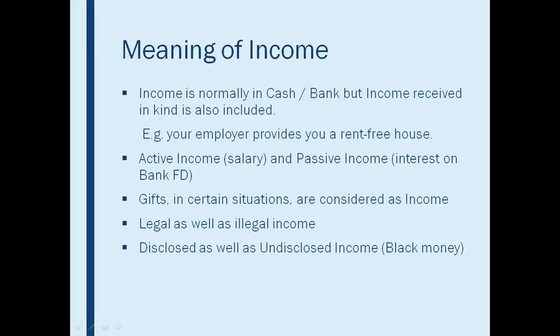Normally, no one will declare any illegal income to the government. Nobody will declare that this is the income from bribery. But if the income tax officers have reason to believe that this particular individual has been spending a lot of money, maybe through credit card or something like that, they do keep a track, and in case you spend on maybe foreign travel or something, then you might just get a query asking what is the source of your income.